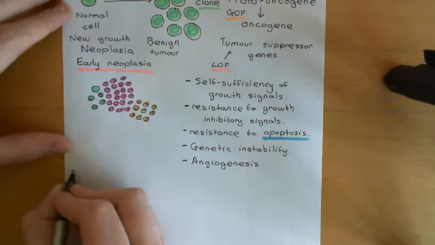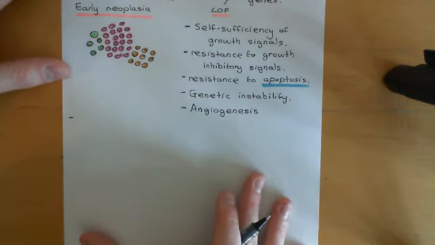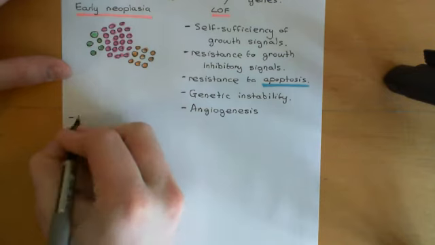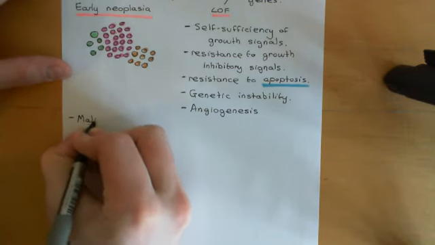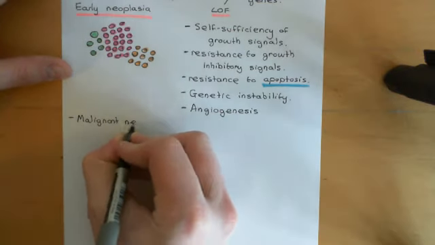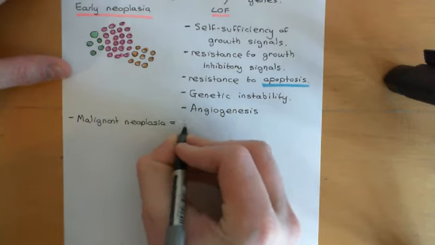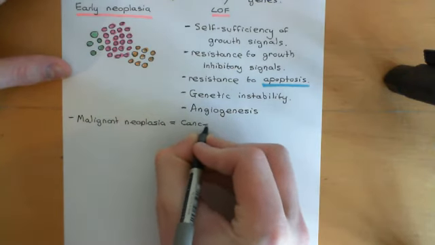So the final transformation that turns this benign tumour into a malignant tumour, i.e. cancer. So what we're about to look at is how this becomes malignant. Malignant neoplasia, or cancer basically, or you could call it a malignant tumour.